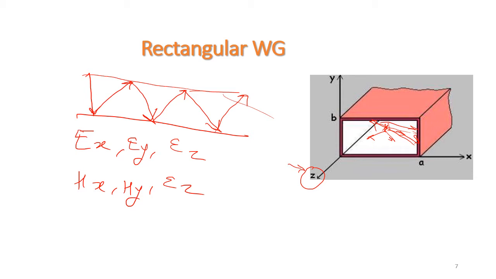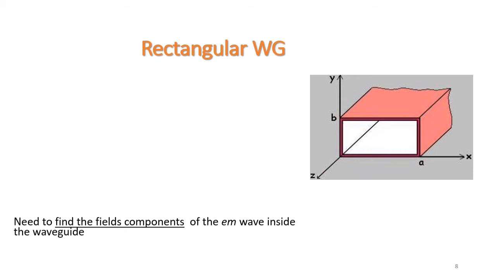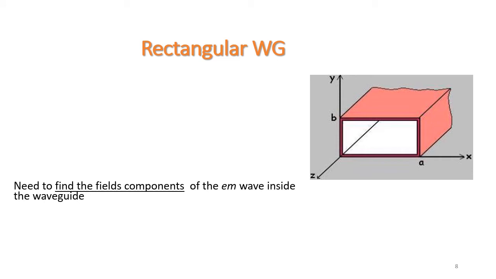So in general, if we want to do the field analysis inside the waveguide, then whatever input signal is propagating along the z-axis has components along the x-axis and y-axis.